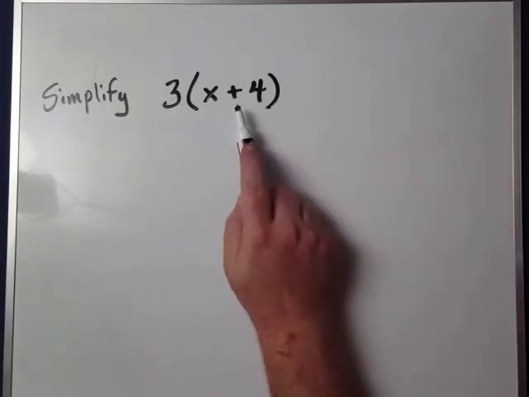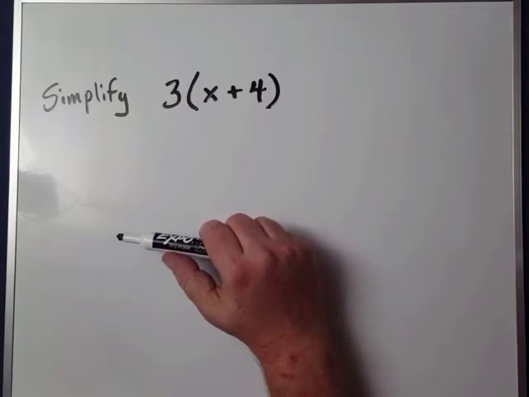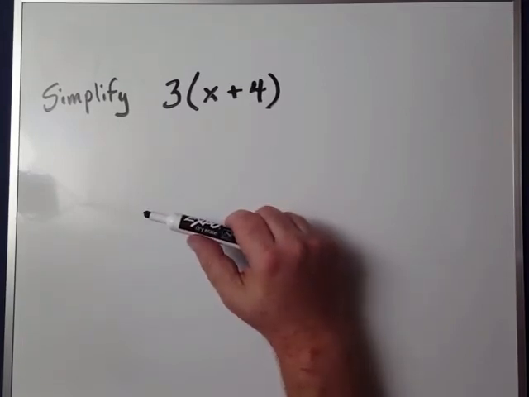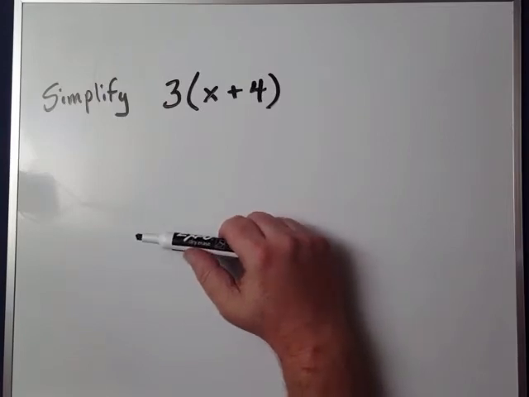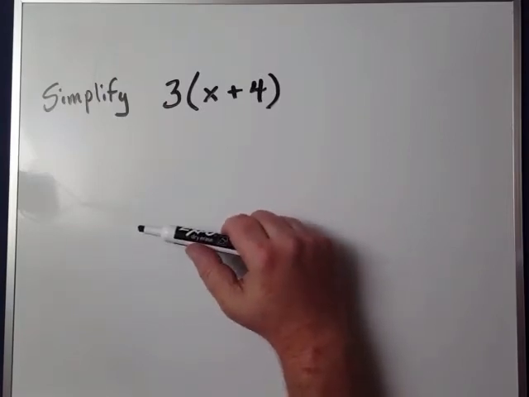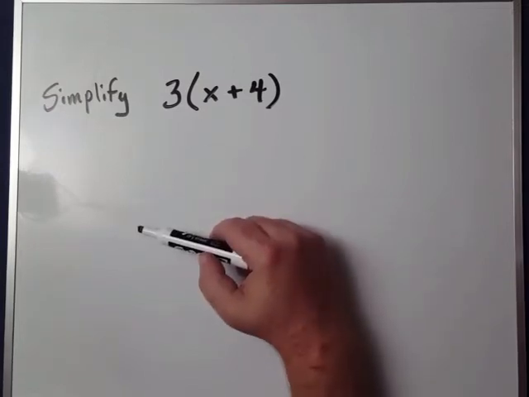Well, order of operations says you do what's in the parentheses first. Without knowing the value of x, I cannot do what's in the parentheses first. So I would be stuck, except I have this distributive property as one of the tools I can use to algebraically now manipulate this expression.